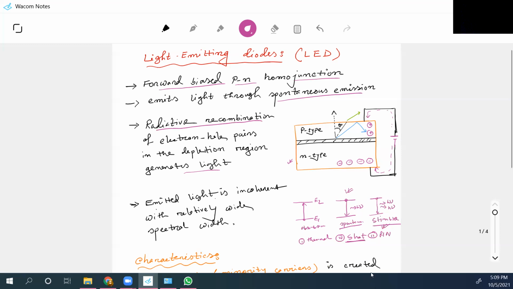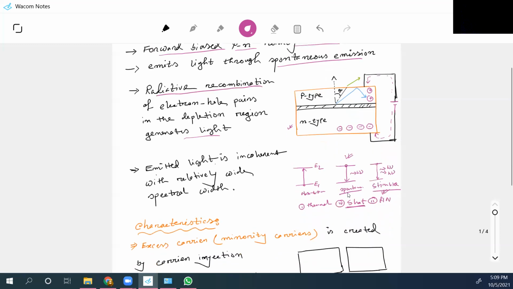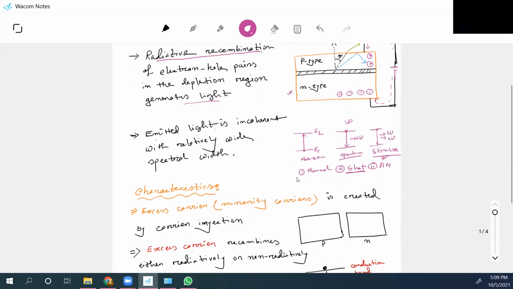From here, we know there are two kinds of recombination: one is radiative, another is non-radiative. We'll discuss more. The emitted light is incoherent with a relatively wide spectral range.